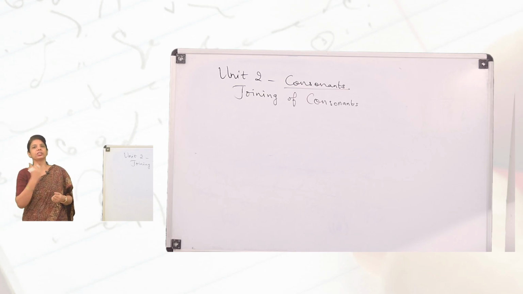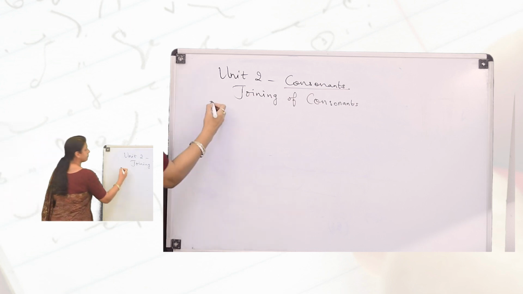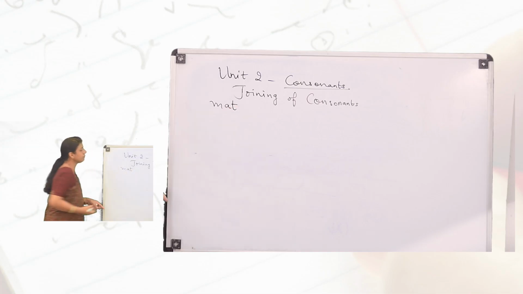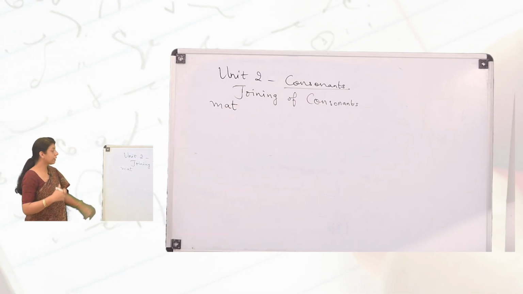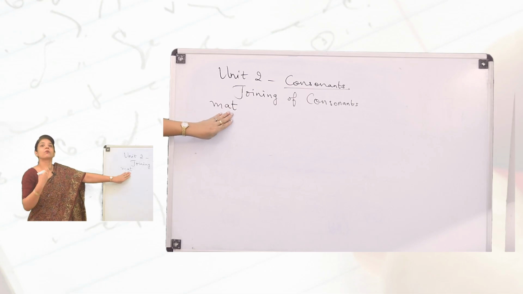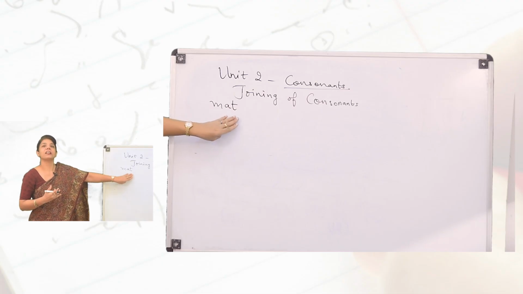Suppose we are teaching him A, B, C, D, E, F, G, H, then we tell him or her to combine those alphabets. Like if we combine M, A, T, it becomes MAT. Then we are teaching him the word. So how is the word taught? The word is taught after teaching the alphabets.